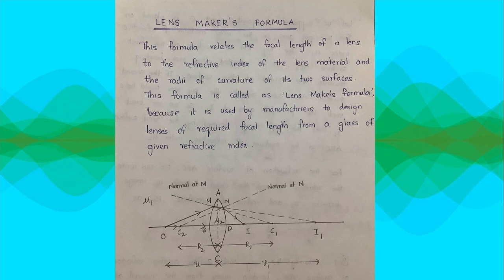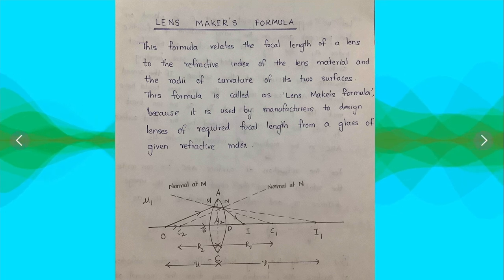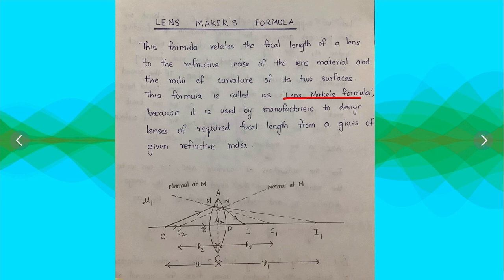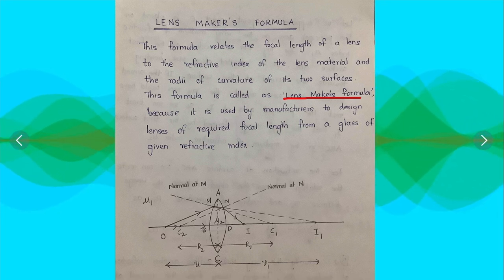This is called the lens maker's formula, because it is used by manufacturers to design lenses of required focal length from a glass of given refractive index.